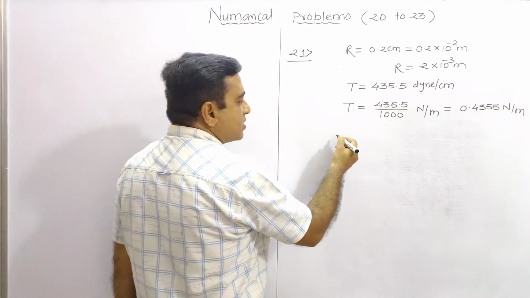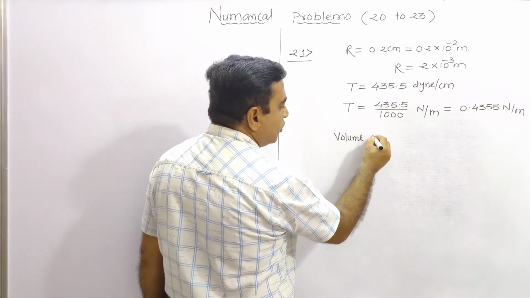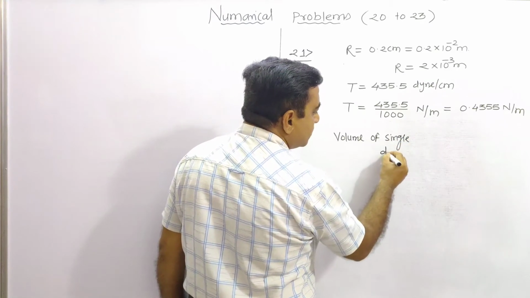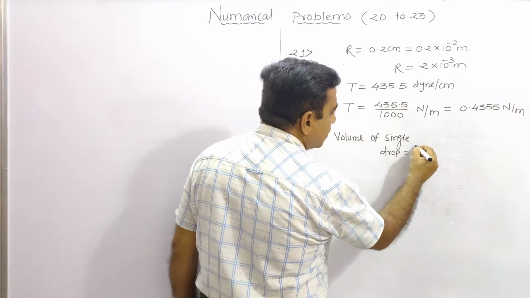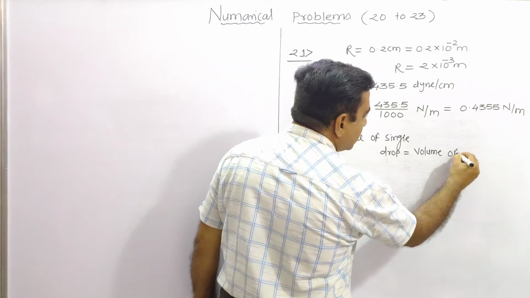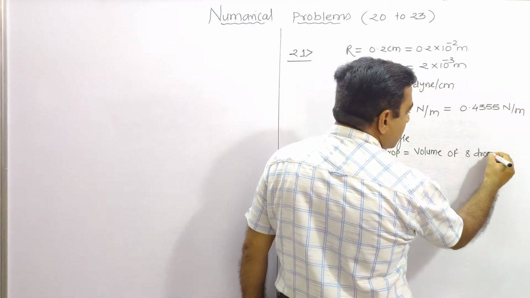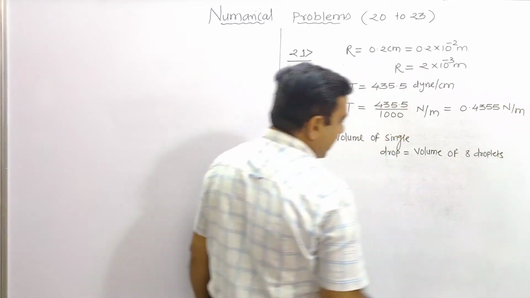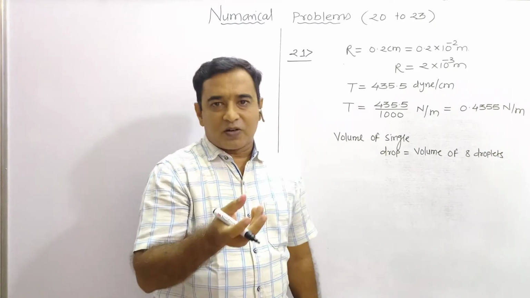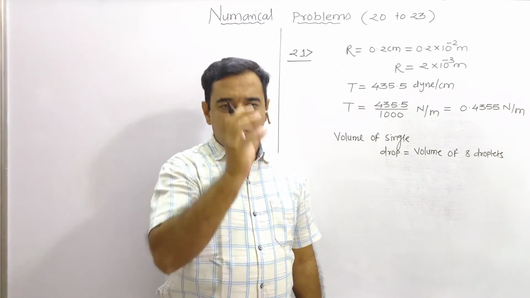So here, the volume of a single drop is equal to the volume of how many droplets? 8 droplets. A drop is a sphere. Though it is not exactly spherical, we need to consider it a sphere when it falls.